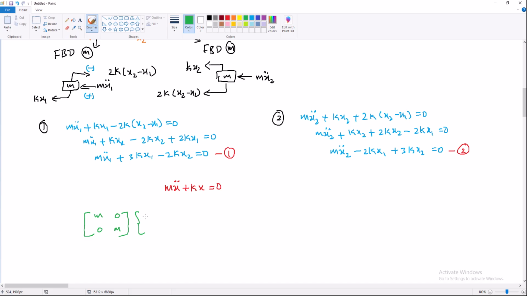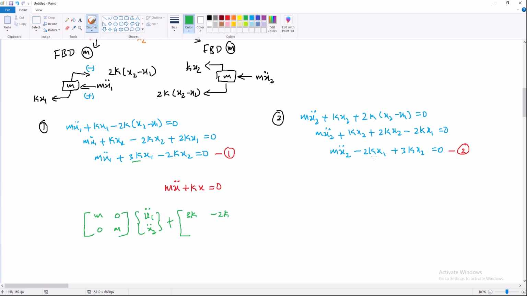So the acceleration matrix x1 double dot and x2 double dot, plus the stiffness matrix. What can I write: 3k for the x1, right, and for x2 it is minus 2k.